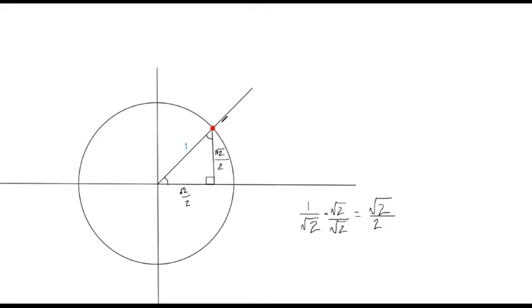So this ordered pair is root 2 over 2, comma, root 2 over 2. And I know it's not super pretty, but as long as we can follow that, we're good.